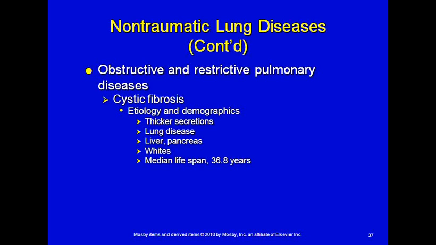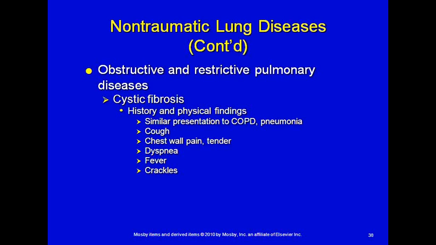It's more common in white people. And the median lifespan of somebody with cystic fibrosis is about 36.8 years. So if diagnosed with cystic fibrosis young, it is understood that's a disease that has no cure and certainly decreases a person's lifespan.